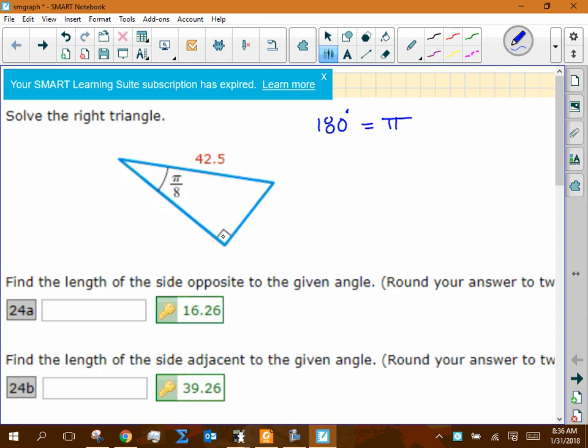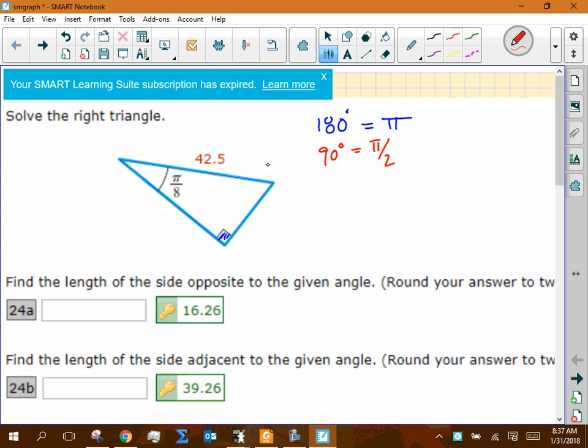In a right triangle, and this is what we learned back in geometry, what should the acute angles add up to? They should add up to 90, right? They should be complementary. It's actually a corollary back from geometry. It said in a right triangle, the acute angles are complementary. So 90 degrees is the same thing as pi over 2. Does that make sense? Okay.